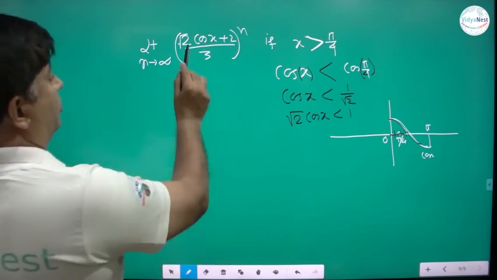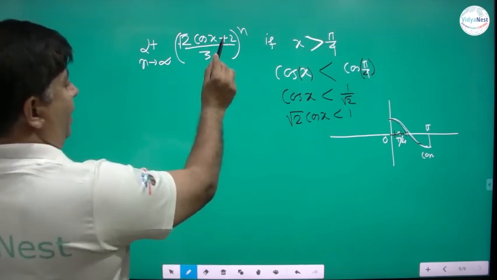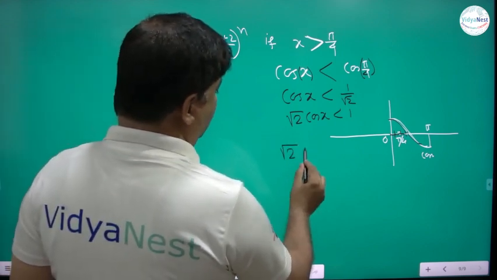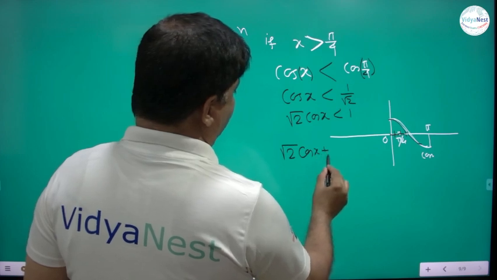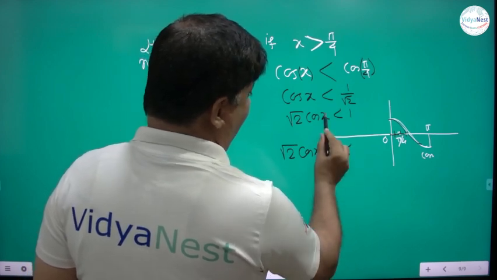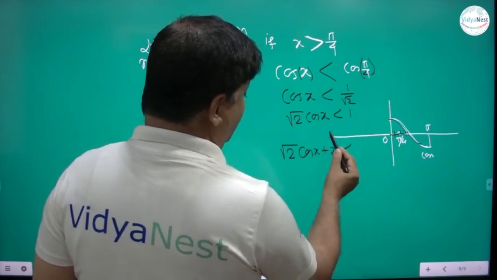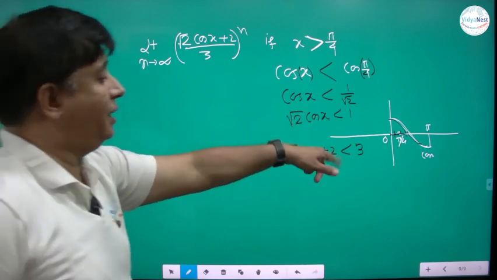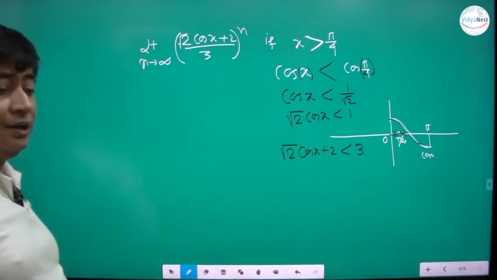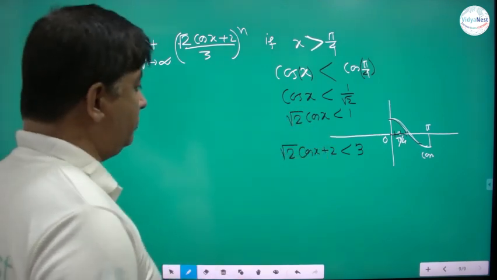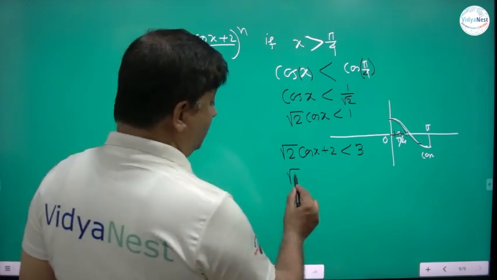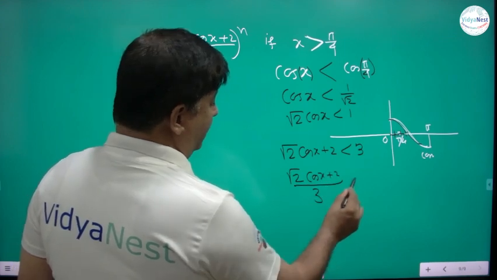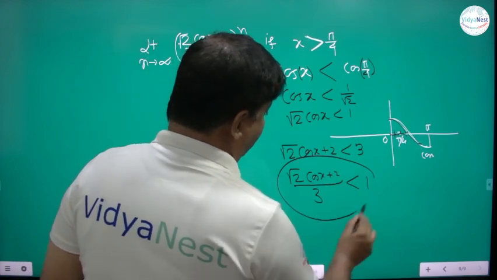But with root 2 cos x, we have plus 2 appended. So root 2 cos x plus 2 is less than, I have added 2 to left hand side as well as right hand side, so 1 has become 3. Understand? Now root 2 cos x plus 2 by 3 is lesser than 1. Yes or no?